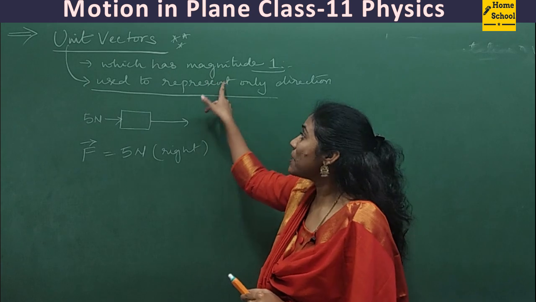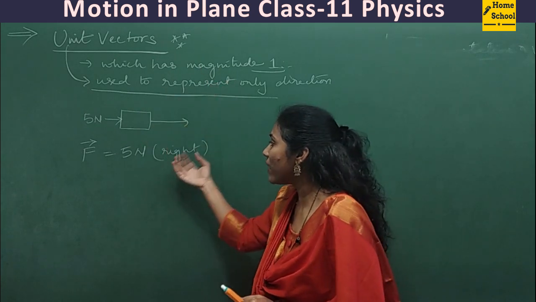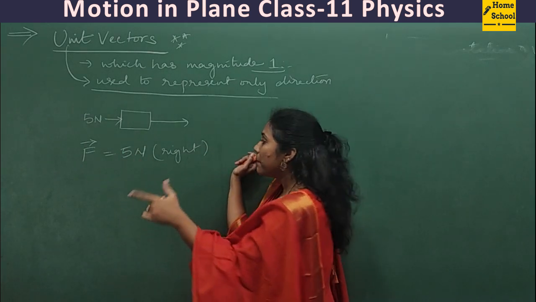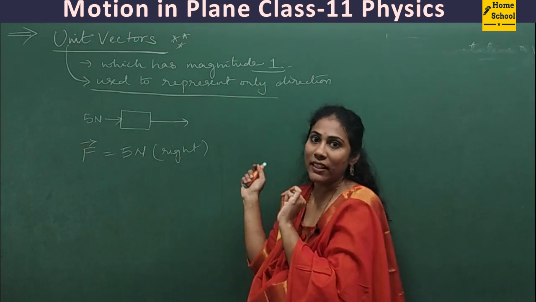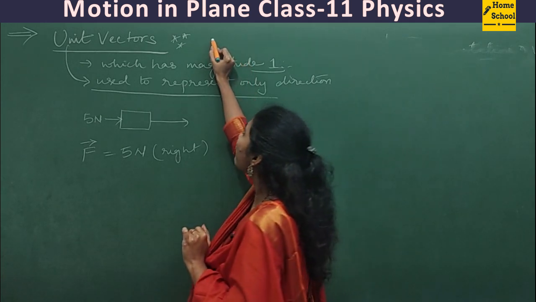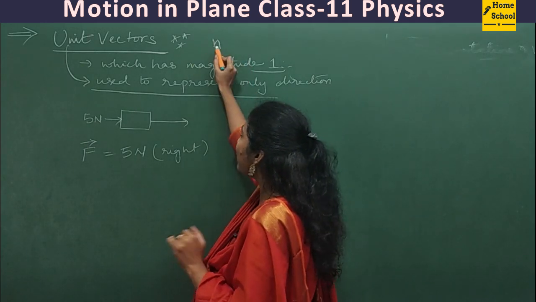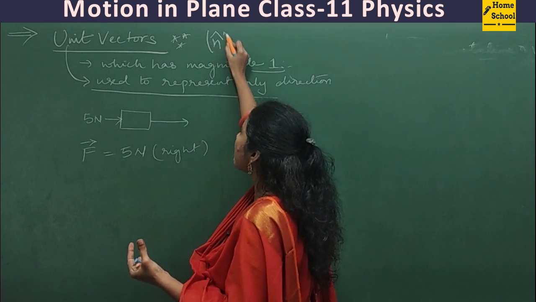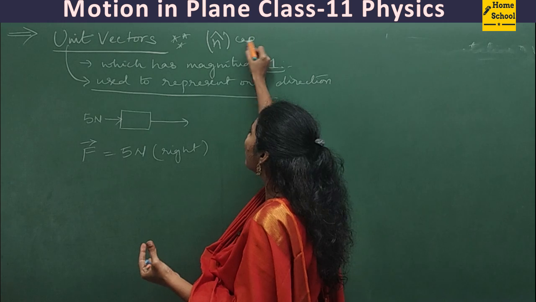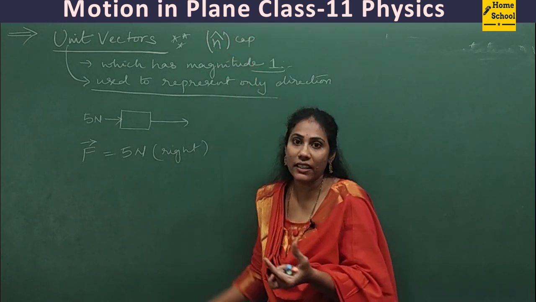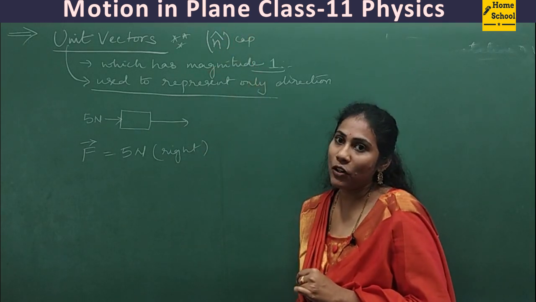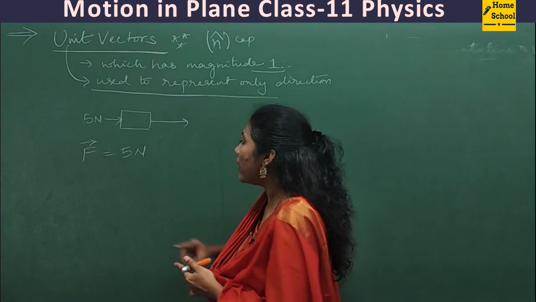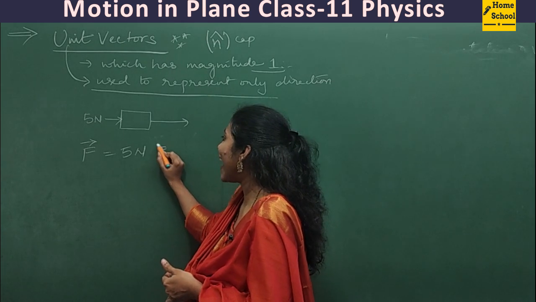A unit vector's magnitude is 1. So when you multiply a unit vector with this value, it will not change, because the unit vector's magnitude is 1. Normally, if n is a unit vector, it is represented with the help of this symbol, which we call cap. n cap is the unit vector symbol. Here, instead of writing right side, what I will write is F cap.